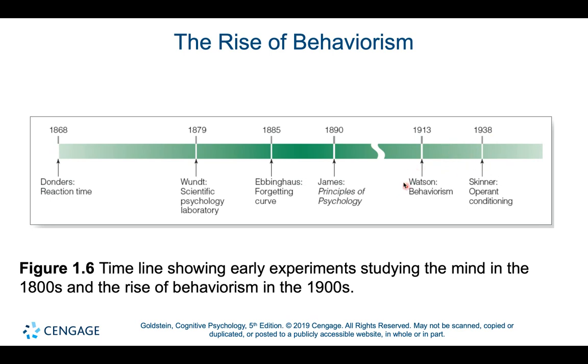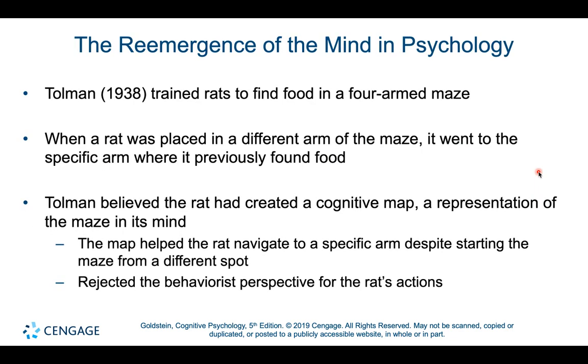Now, again, behaviorism was good in the sense that we learned a lot about the way stimuli affect behavior and responses, and they went a long way towards formalizing psychology as a scientific and objective and reductionistic science. But the pendulum probably swung too far in their ignoring of the mind.